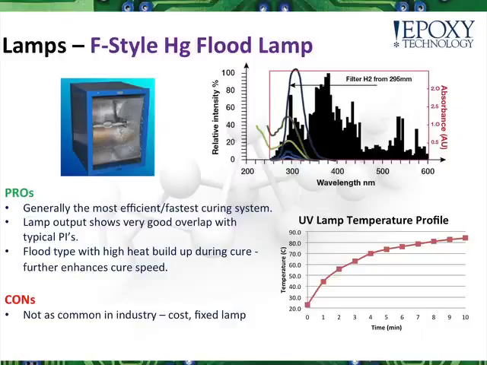The lamp output is excellent in terms of its overlap with our photo initiator packages. Additionally, the flood type builds up excellent heat that creates great cure speeds and great cure quality. Now, these aren't as common in the industry and are a little more costly than some of the more standard UV lamps.